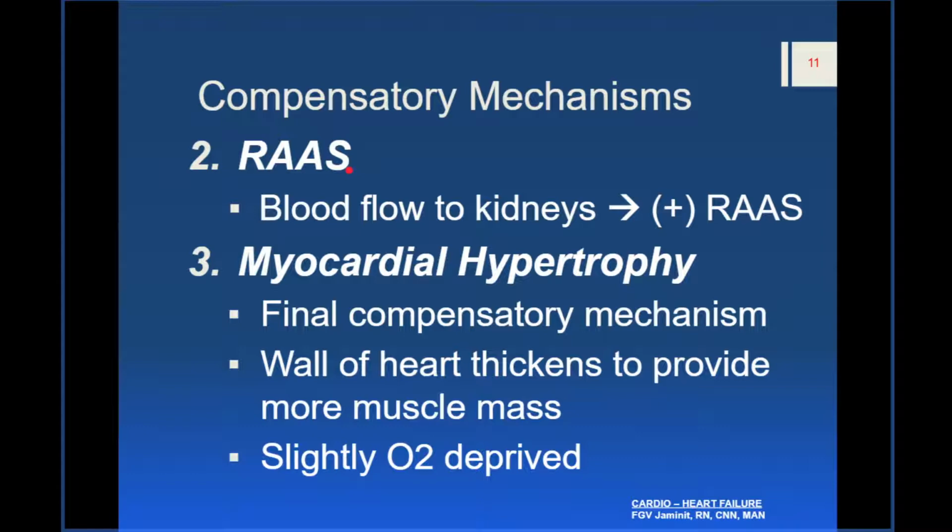Next one is myocardial hypertrophy. It's actually the final compensatory mechanism. When we say compensatory mechanism, it is the way the heart helps increase the delivery of blood to certain major organs, like the kidneys.